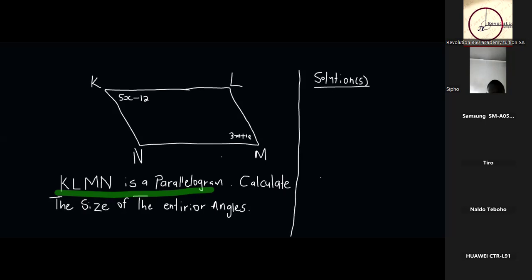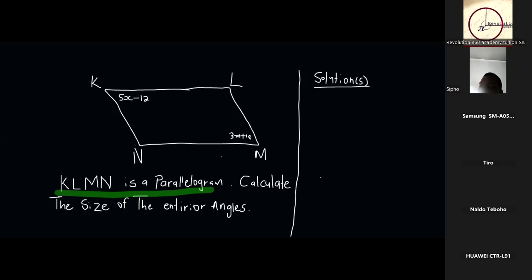No, we don't have parallel lines. Yes, they told us that KLMN is a parallelogram. Since you understand that a parallelogram is a quadrilateral with both pairs of opposite sides parallel, you must go back to the diagram and check if you are given parallel lines. When you look at the diagram here, they didn't give us any parallel lines.